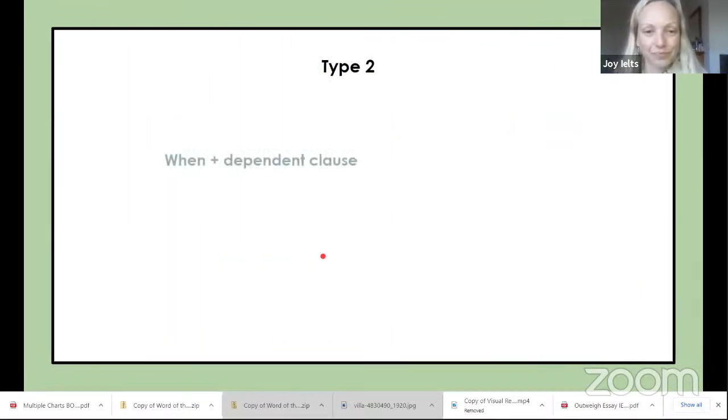Type 2, we've got when plus a dependent clause. Now, when you see this word clause, it doesn't matter if you don't know that word, but a clause is part of a sentence. So a clause has a subject, so I, you, he, she, and a verb. And in some sentences, there are main clauses and little clauses.